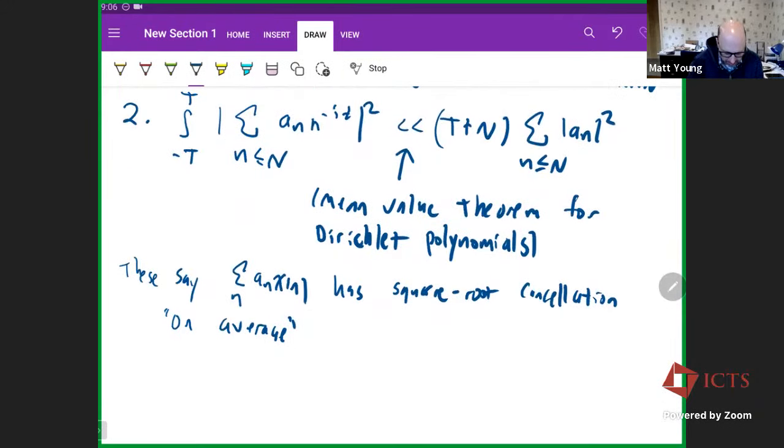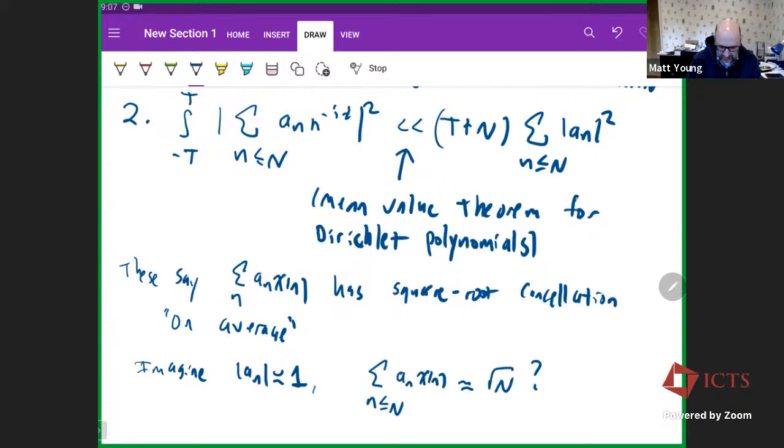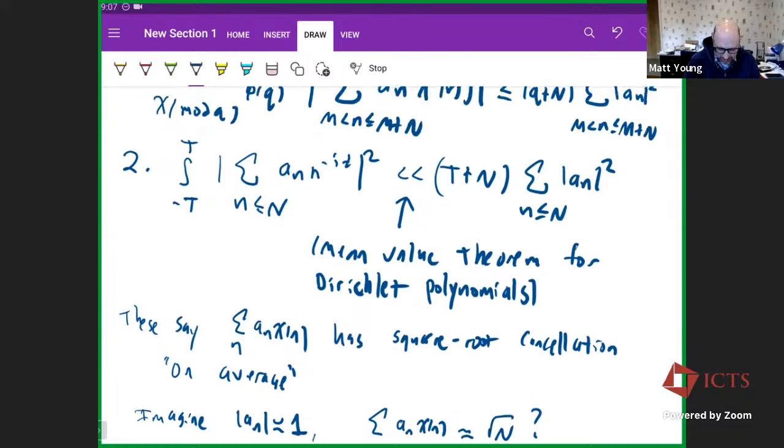Here's how you might think about this. Imagine the a_n are of size 1, like random points on the unit circle in the complex plane. Let's say we had the sum over n up to N of a_n chi(n). Maybe that's of size square root of N. That's the square root philosophy, that we kind of expect square root cancellation in character sums, although not always.